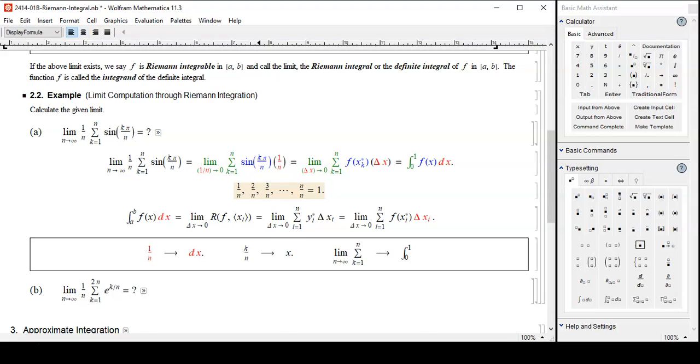And n over n is 1, and 1 over n is, well, not equal maybe, but approximately equal to 0, and upon taking the limit, it is 0. So this thing is going from 0 to 1, and all this thing is a Riemann sum, so that's why we are getting the integral from 0 to 1.